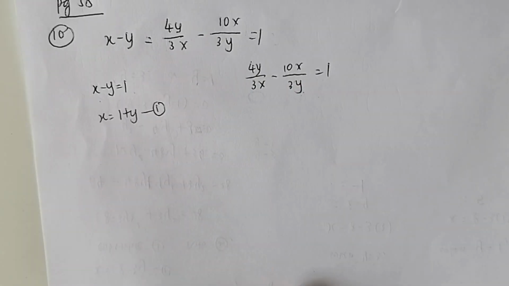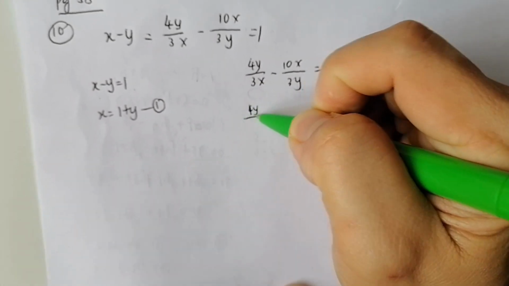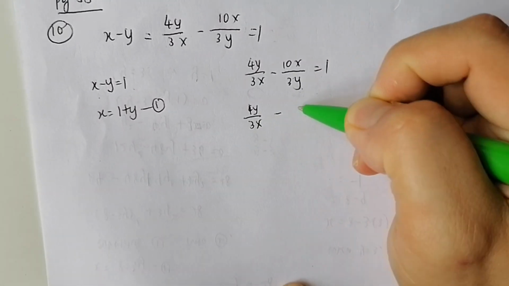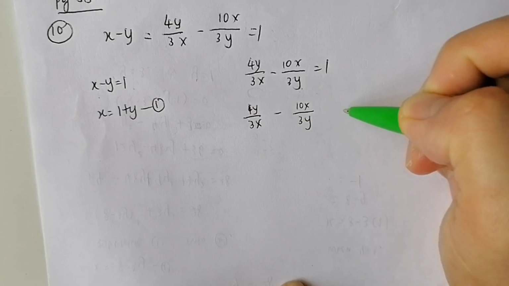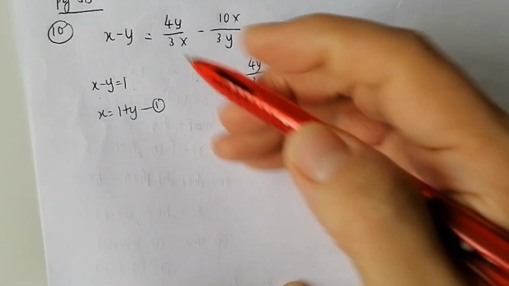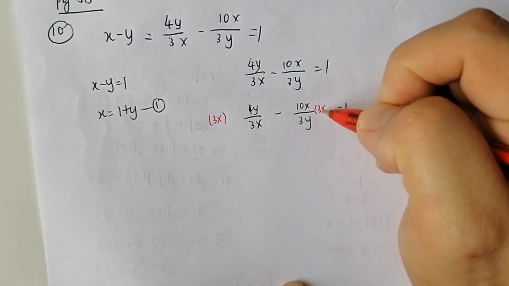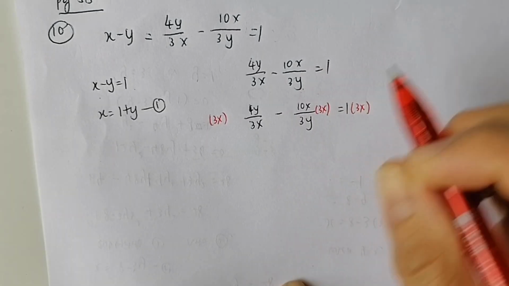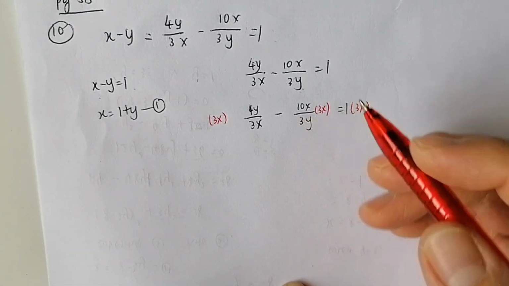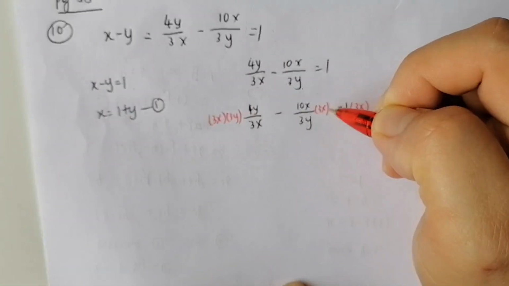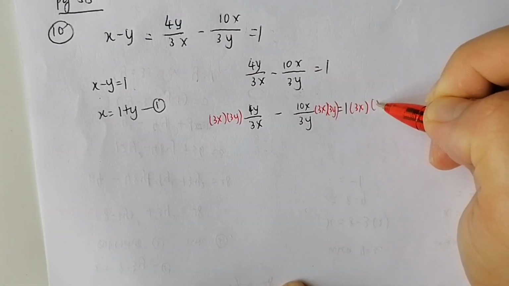So let's see. Here, that means 4y over 3x minus 10x over 3y equal to 1. So each of them, to get rid of 3x, I will times 3x, 3x, and 3x. To get rid of 3y, I will times 3y, 3y, and also 3y.